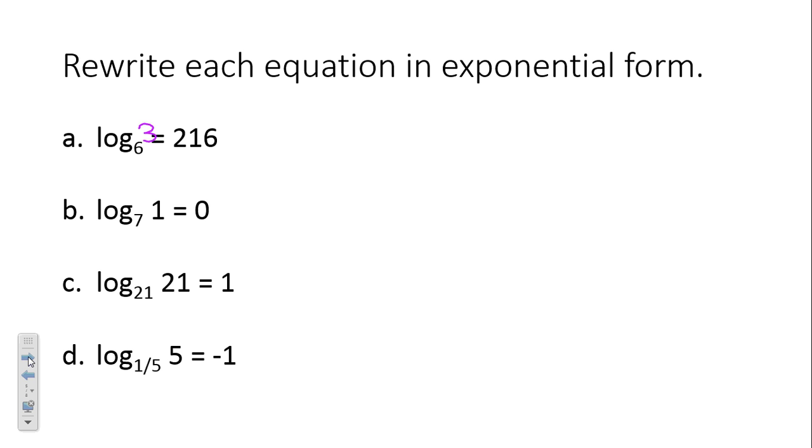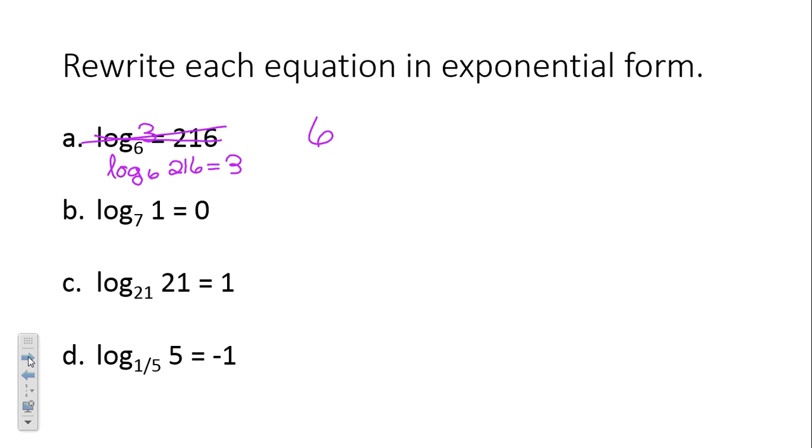Okay, so what's that going to say in exponential form? What's my base? 6. So you start with your base. This is wrong. It should say log base 6 of 216 equals 3. Mark that off on your notes. Change it for me.